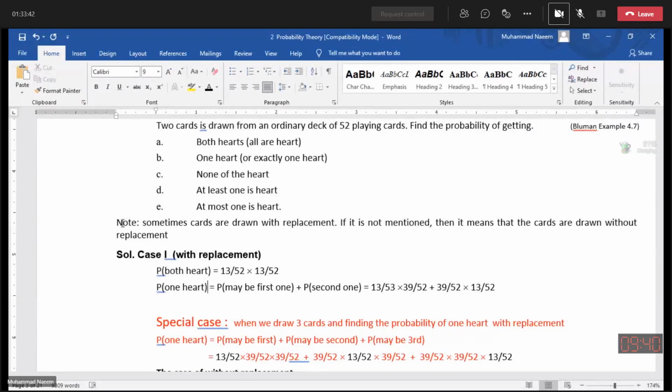And also whether this selection is with replacement or without replacement. Only these two things try to understand. If you cannot understand, you cannot understand probability.